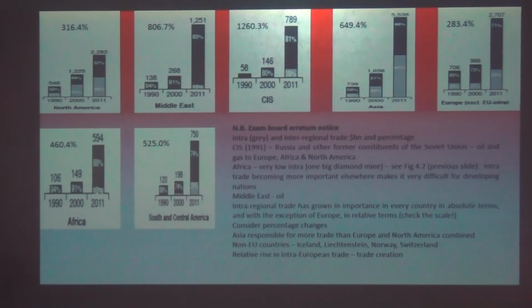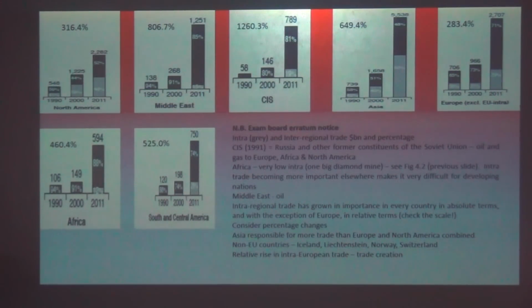In other words, the intra-regional trade is becoming more and more significant and important. That's in both absolute terms and in relative terms. So the grey bars for each of those countries, with the exception of Europe, where it goes from 35% to 29% for intra-regional trade, but everywhere else it's an increase in intra-regional trade.